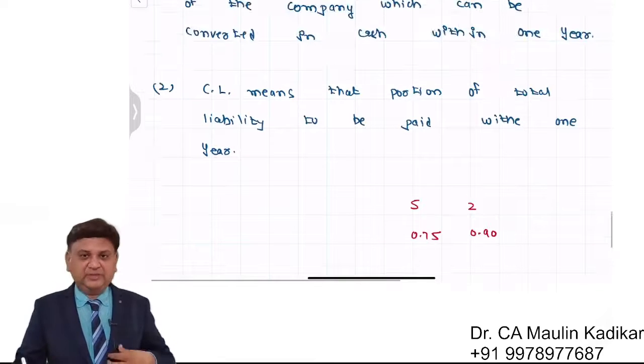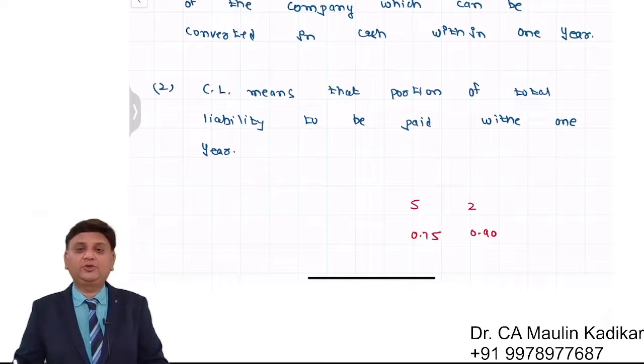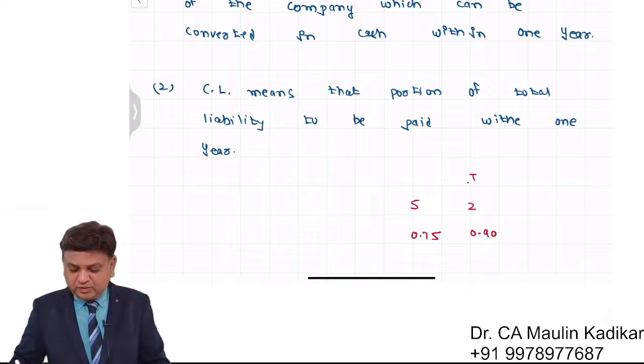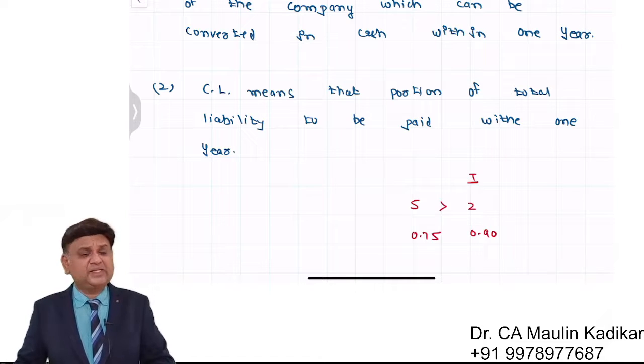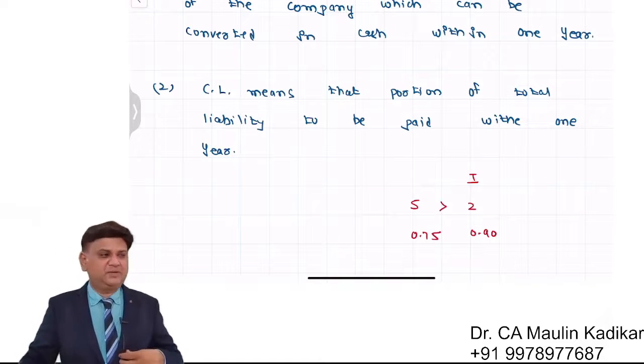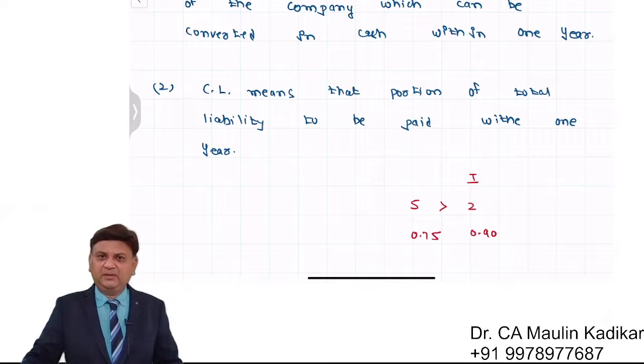So basically, to determine which company has proper current ratio or which company is maintaining proper current ratio, we always have to refer to the industry data. If it is substantially more, then it indicates a sound financial position, but at the same time it shows mismanagement of working capital.